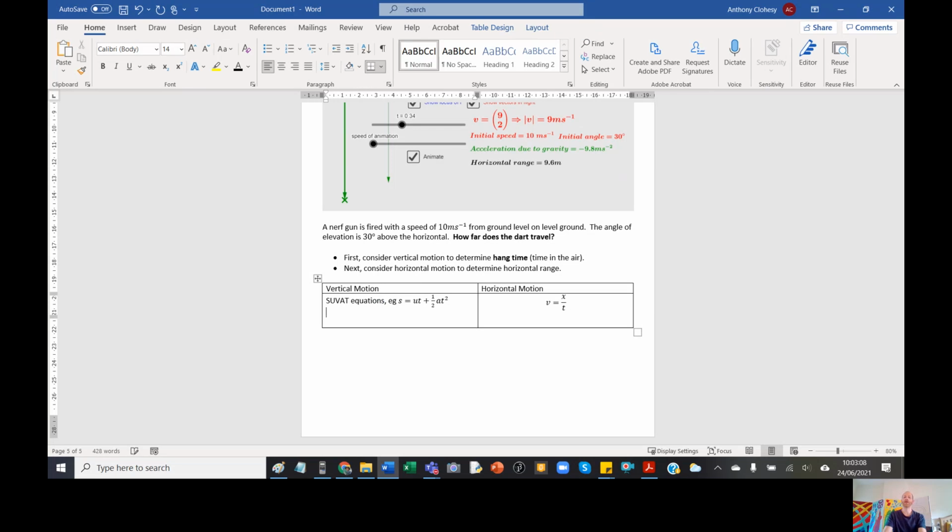As I've said before, the most messy looking of the Suvat equations is typically the most useful. It's the one that links displacement to initial speed and acceleration and time, but it will typically come out as a quadratic.